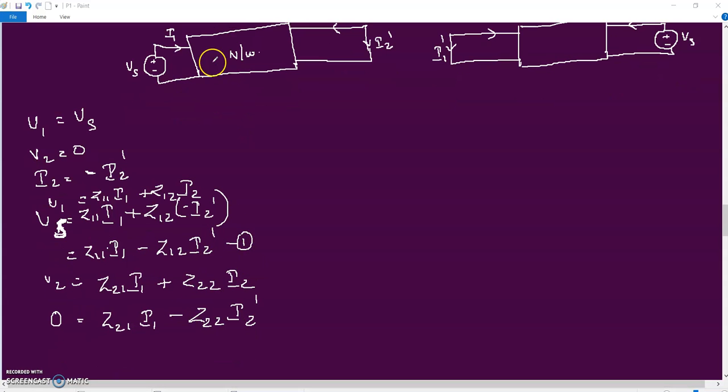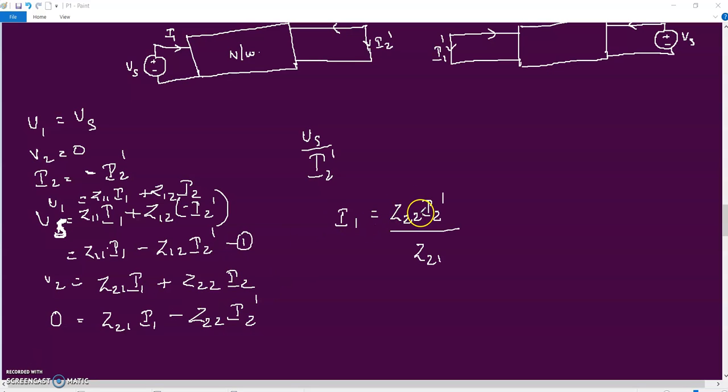From this we have to find the ratio of Vs by I2 dash, the ratio of excitation to response. For that we have an equation with Vs and I2 dash, and here we have an I1, and we have to replace this I1 with some term of I2 dash. From this equation we can get I1 in terms of I2 dash.